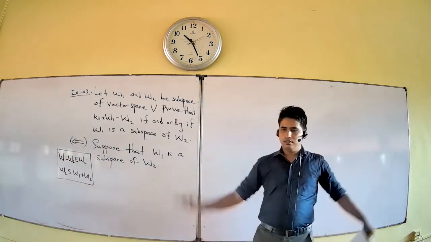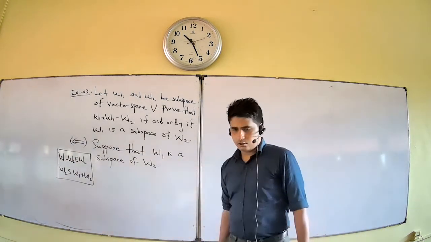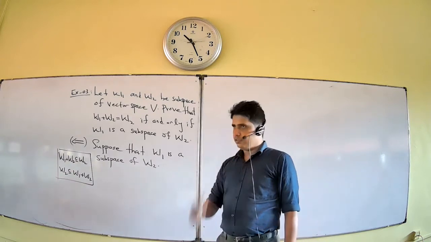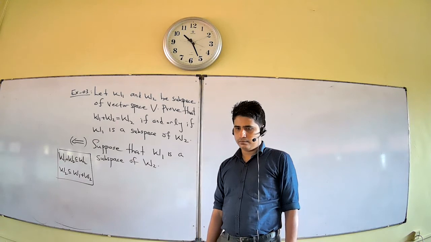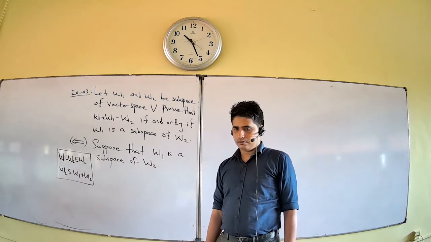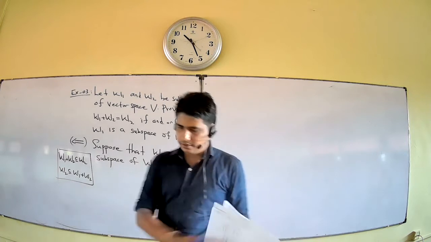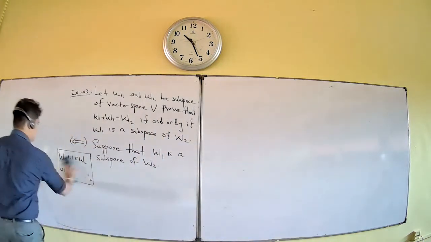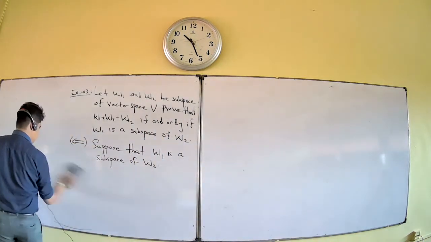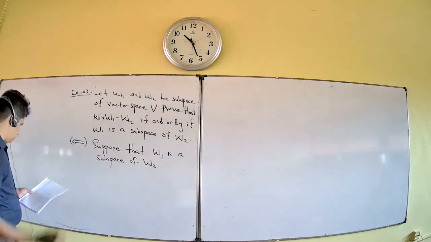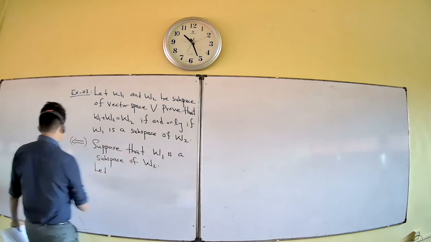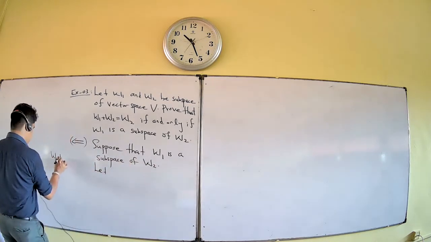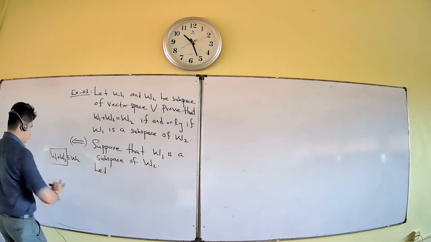It is the beginning, right? So how can we prove this one? First we prove W1 plus W2 is a subset of W2. Therefore, you want to take an arbitrary element from this set.